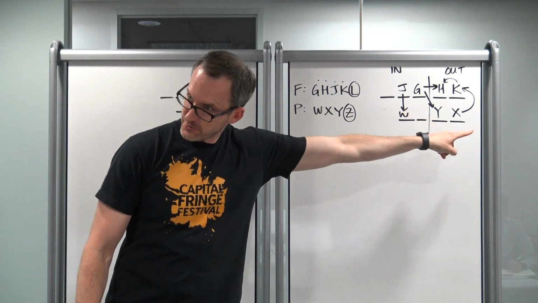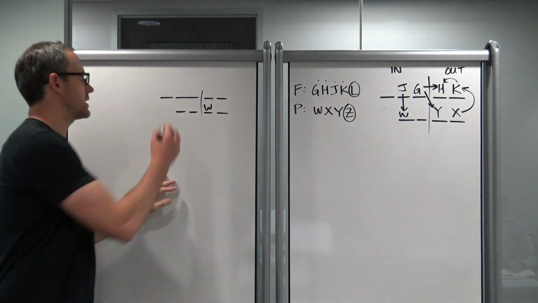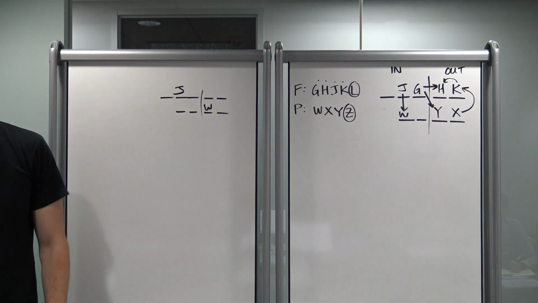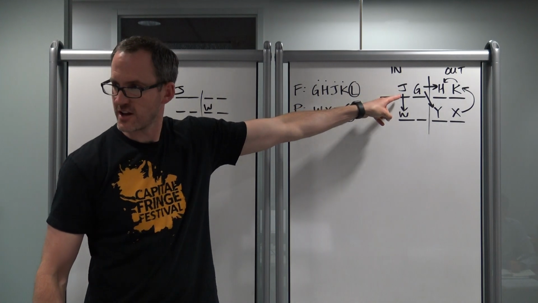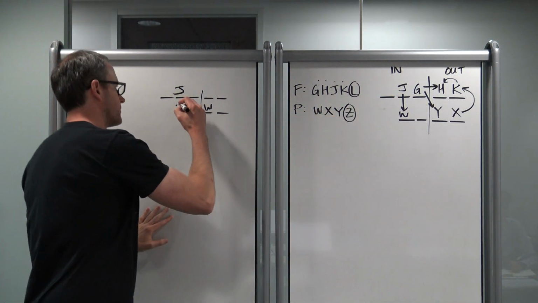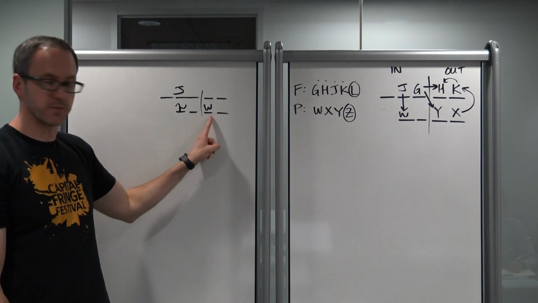But W's now out. If W's out, can I put J right here? No. Why? What happens when J goes in? W is in. I can't do that, because they just told me W's out.